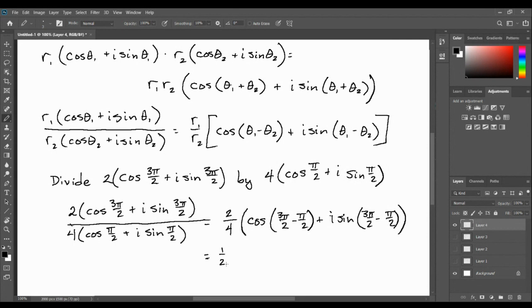So we've got 1/2 cosine of 2 pi over 2, which is pi, plus I sine of pi. And we know what the cosine of pi and the sine of pi are.